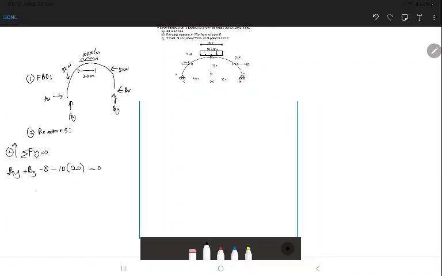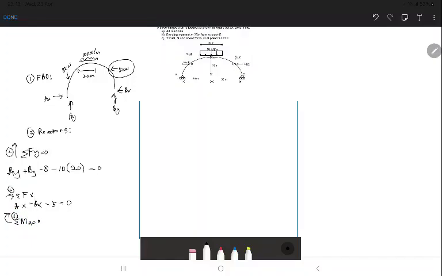So this is the first equation. And then you do Fx, in this direction positive, so you have AX minus BX. Remember you have another 5 kilonewton here, minus 5. So this is the second equation.